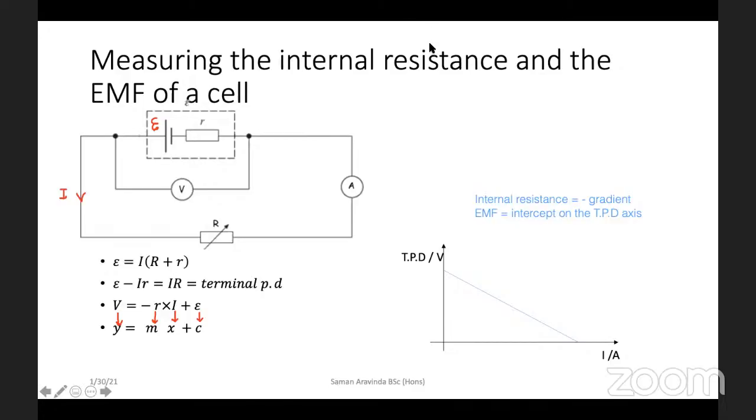It's not the marked value. So when we measure with a voltmeter connected across the two ends, we don't get the marked value. That's why we say some potential difference is lost, or volts are lost, like energy has been dissipated in the internal resistance. Always connect the voltmeter across the terminals of the battery.